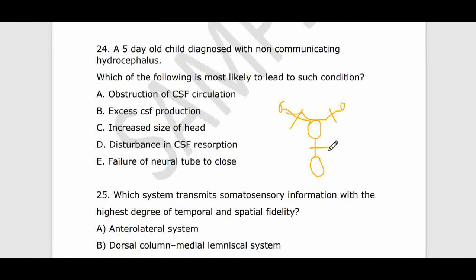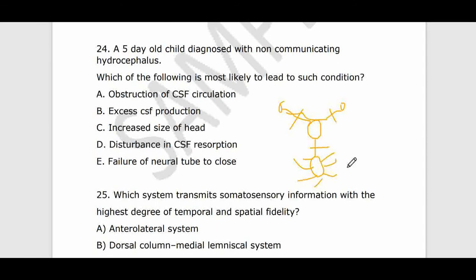But then if you start having obstruction to CSF resorption when it has passed into the subarachnoid space through the medial and lateral foramina of the fourth ventricle, that is both Magendie and Luschka, from there it has gone into the subarachnoid cistern and then to the subarachnoid space, and then wants to go through the arachnoid granulation into the dural venous sinuses, and let's say there are obstructions there, you will not call them non-communicating.